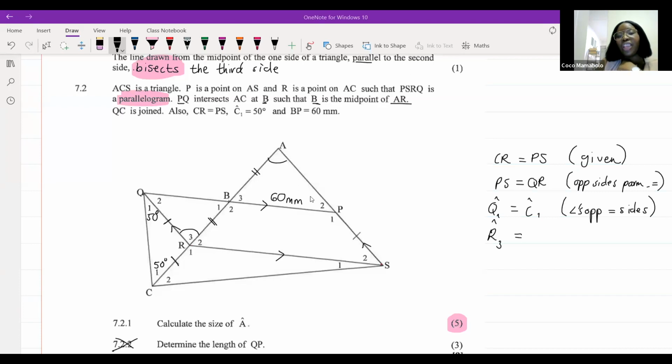I want somebody to tell me why she is correct when she says that angle R3 is equal to 100 degrees. Yes, that's it. Onako, beautiful. The exterior angle of a triangle is equal to the sum of the two interior angles.